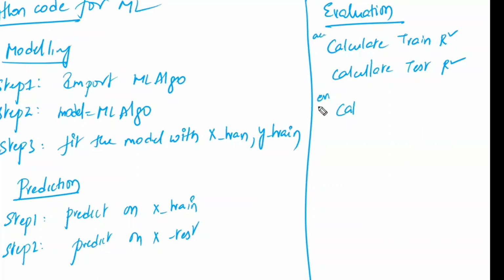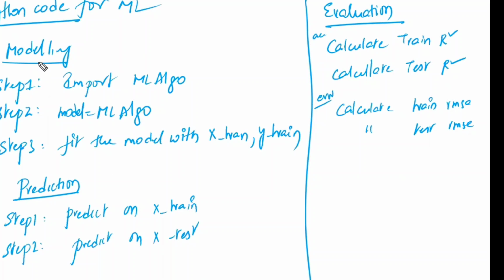If you want errors wise, calculate the train RMSE separately and calculate the test RMSE separately. If you want to calculate errors, we have to select RMSE. We should not select MSE because the units also get squared. That is the problem in the MSE. So RMSE we have to select.